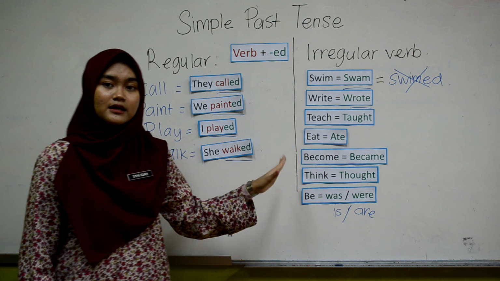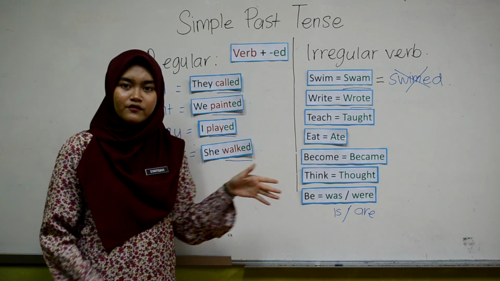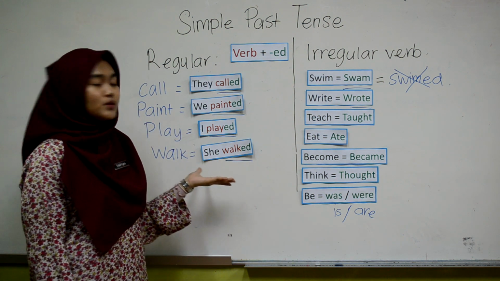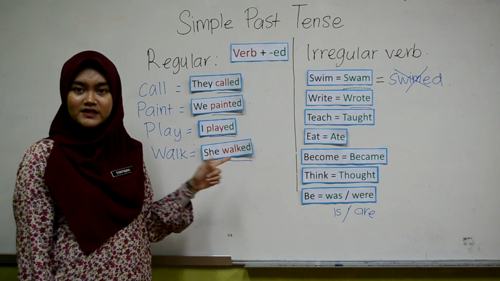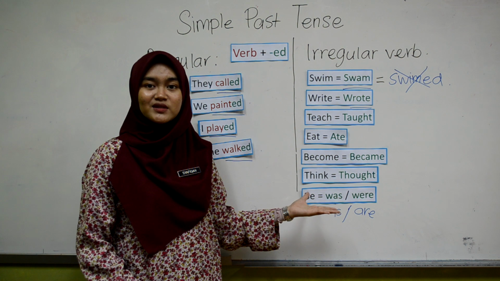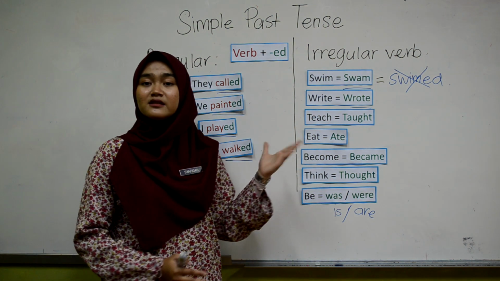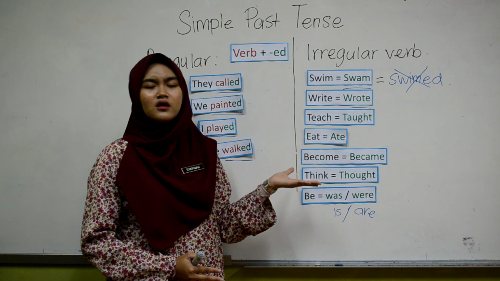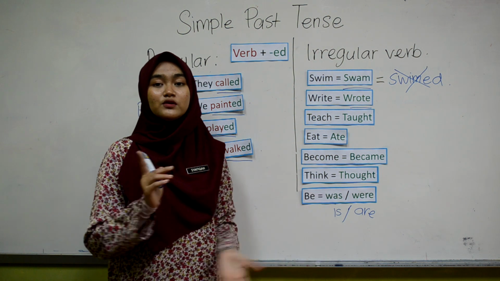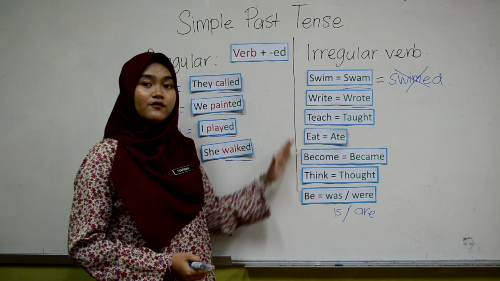As you can see here, the past tense forms of these verbs are different from the regular ones, where you just add ed at the back of the verb, while for irregular verbs you have to change the form to something new, creating a new word. And there's no formula or rules, I guess, for you to remember this type of form except to memorize it on your own and keep practicing.